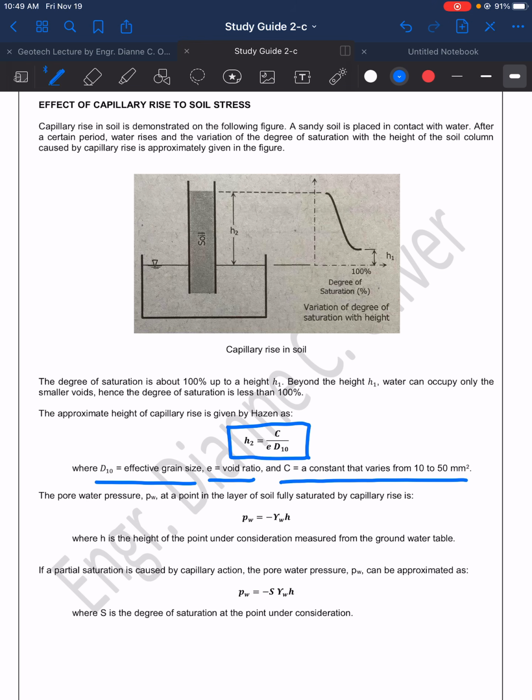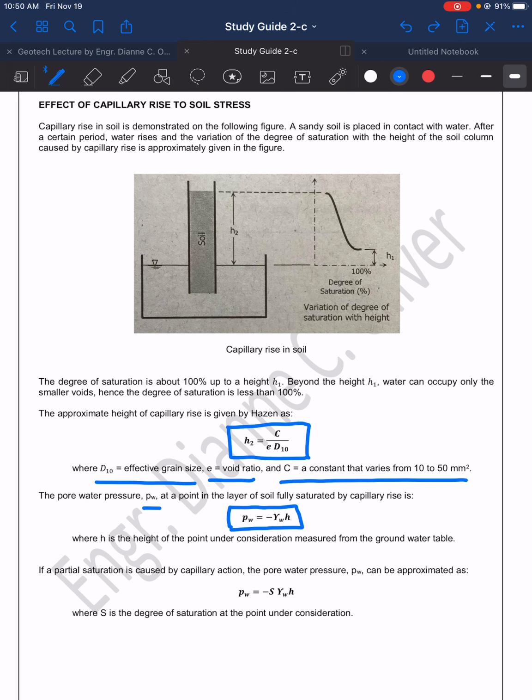The pore water pressure, or PW, at a point in the layer fully saturated by capillary rise is PW equals negative gamma of water times height. So the difference from the previous computation is that it has a negative sign for the capillary zone. Remember that when we are solving for P water, the positive P water is located where the soil is submerged in the water.